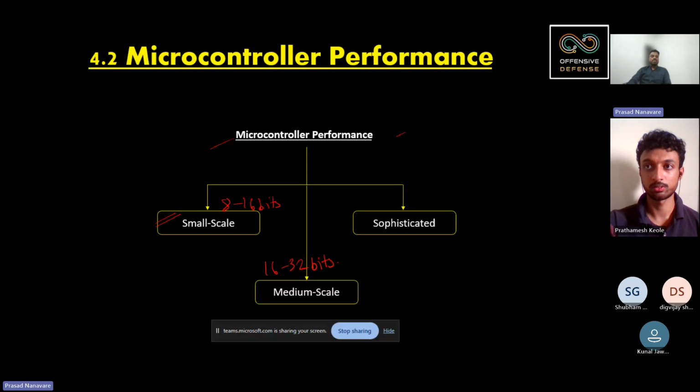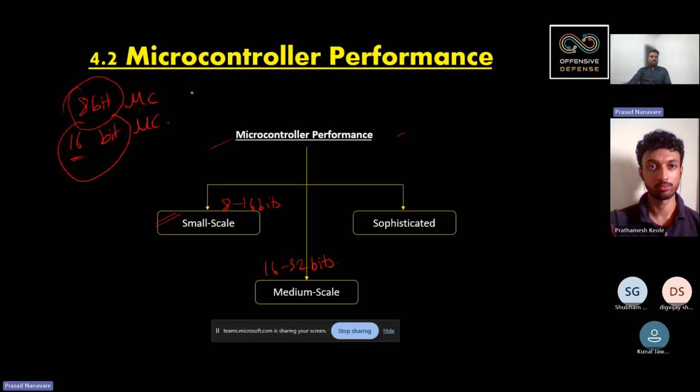I mean, we say this is the 8-bit microcontroller, the 16-bit microcontroller. So what does that mean? We saw in the last lecture, which is exactly what you pointed out. These are the number of bits that are getting processed in one clock cycle.